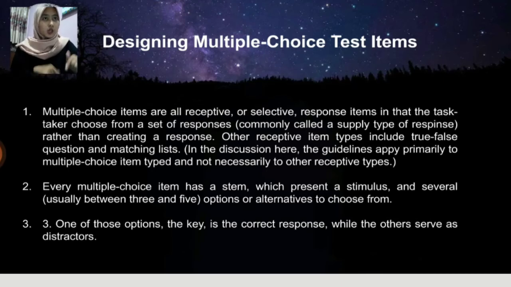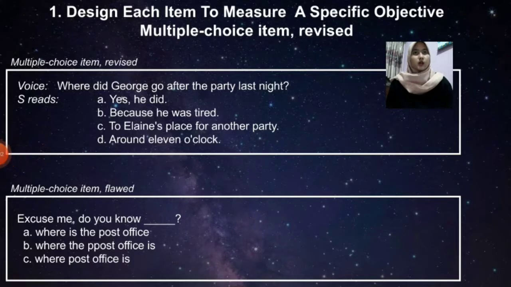In the discussion here, the guidelines apply primarily to multiple-choice item types and not necessarily to other receptive types. 2. Every multiple-choice item has a stem, which presents a stimulus, and several, usually between 3 and 5, options or alternatives to choose from. And the last, 3. One of those options, the key, is the correct response, while the others serve as distractors.